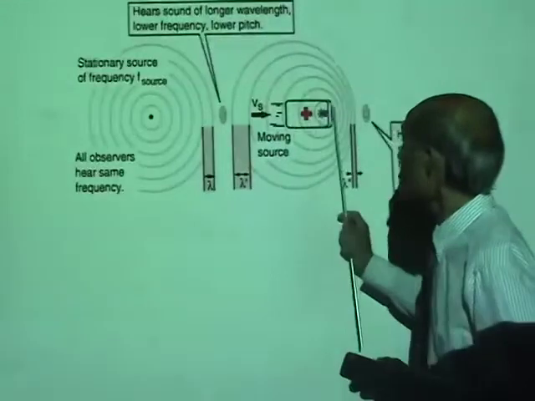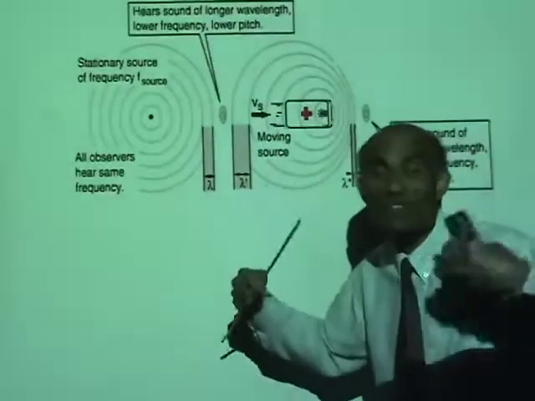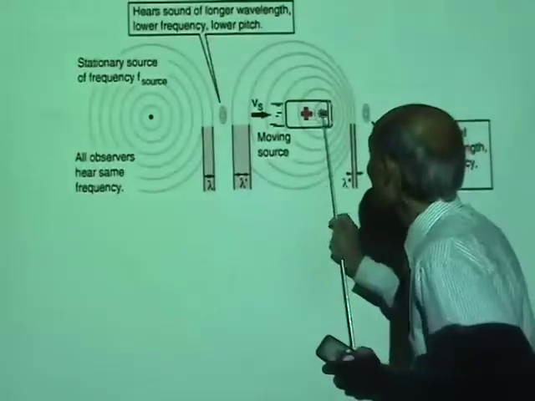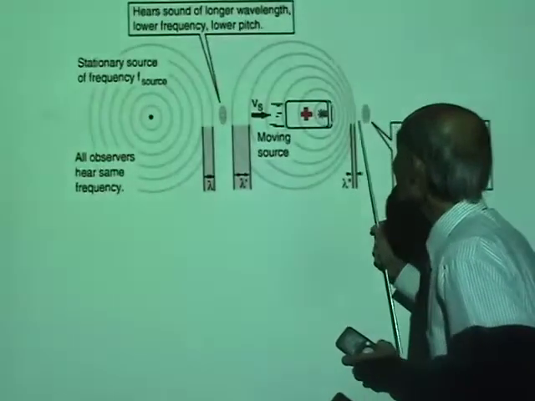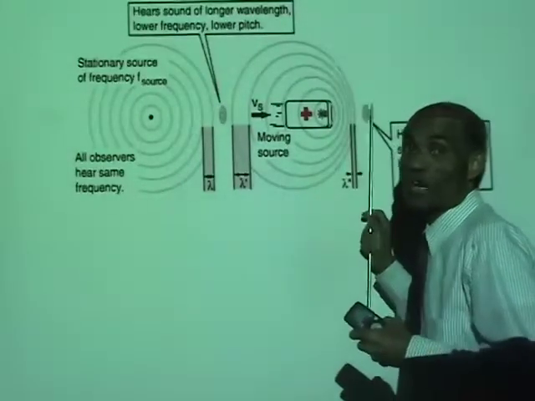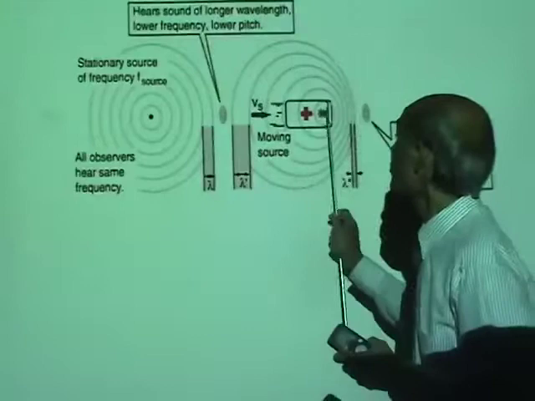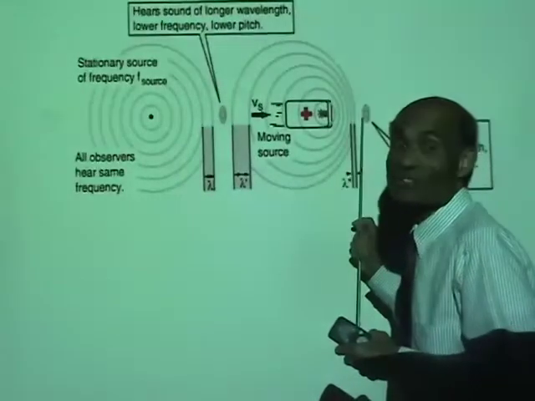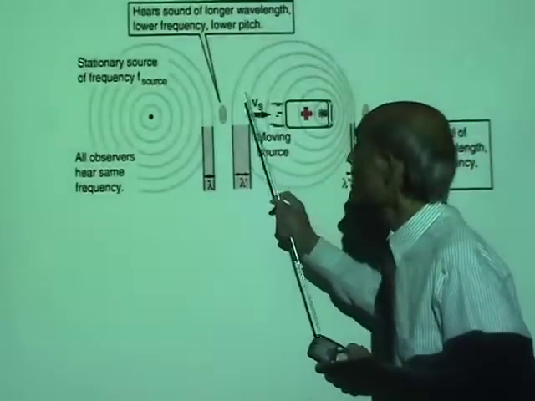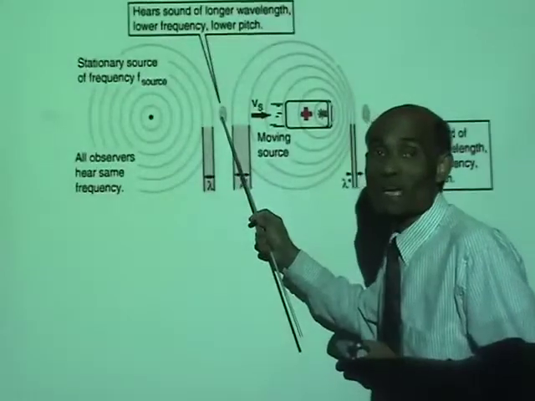Now here we have an ambulance blaring its siren and moving to the right. Now here is another listener. So there are two listeners. There is one listener to the right of the ambulance. There is another listener to the left of the ambulance.